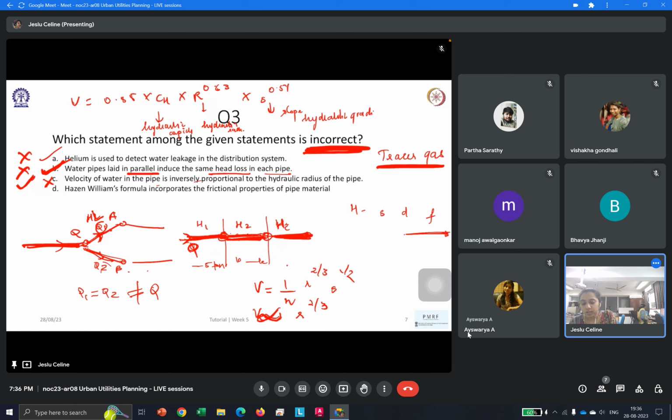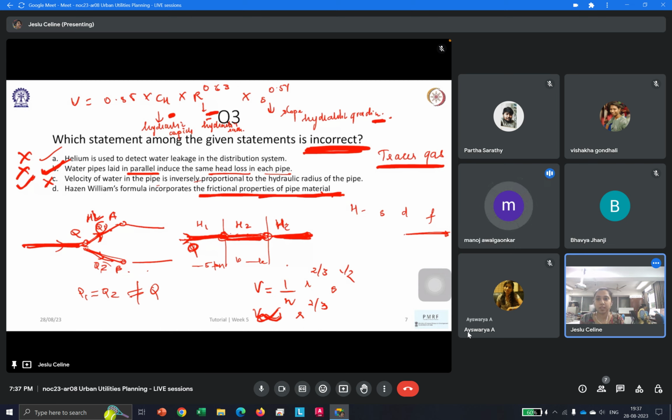Right. So it incorporates the frictional properties of pipe material, but in which of these is the frictional property coming into play? You have hydraulic capacity, hydraulic radius, and the slope of the hydraulic gradient. In hydraulic capacity, do you have frictional properties of pipe material? The answer is right, Hazen-Williams formula incorporates the frictional properties of pipe material, but where is it coming in the formula?